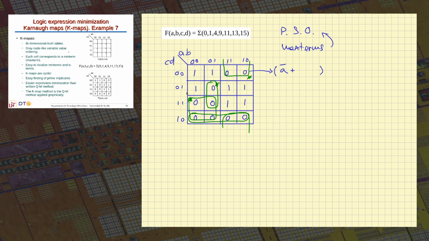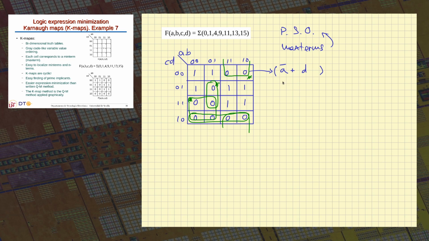Okay, D is 0 in all the cases. Okay, but B, no matter what the value has, because it can be 1 or 0, so it will not appear in the expression. Or C can be 0 or 1, so it will not appear in the expression. But D will appear. It's 0 when D is 0. So this is not complemented.